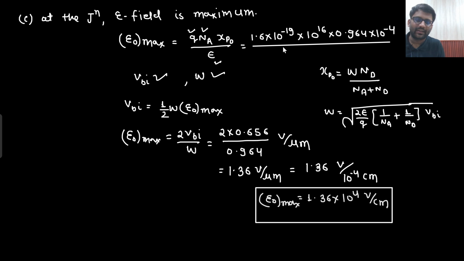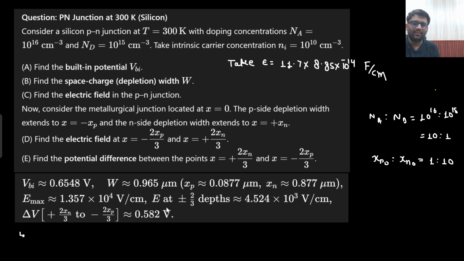What will be the value of epsilon? Epsilon will be 11.7 into 8.85 into 10 to the power minus 14 farad per centimeter. Everything is in centimeter, so you will get the answer in volt per centimeter. You will also get the same answer, 1.36 into 10 to the power 4 volt per centimeter.